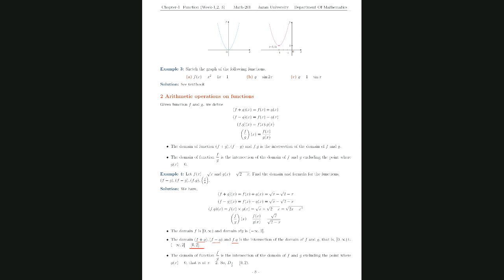See, it is the common part, the intersection, not the union. Here it is an intersection. Okay, 0 to 2, right? And the domain of F over G is 0 to 2, but here it is open. Okay, and how to find it? I told you.